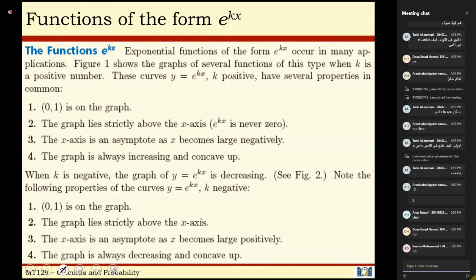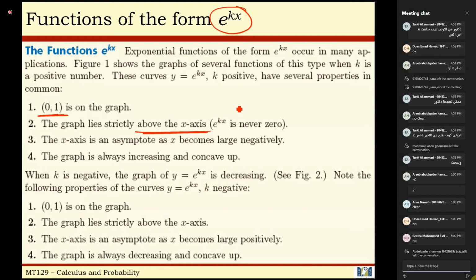This is properties of what? Of the exponential function e to the power kx. We have the y-intercept 0, 1. Also, it is above the x-axis. When we draw the exponential function, all the curve is above the x-axis. We don't have any exponential curve under the x-axis. If we have b to the power kx or e to the power kx, all the curve is above the x-axis.